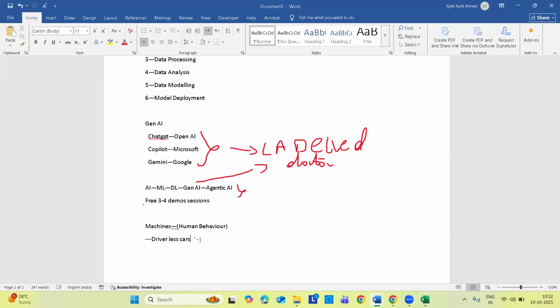For example, if the car is stopping at a signal, how will it come to know it has to stop? It sees the red light, right? And once the red light turns to green, the car immediately starts off again. All this information is getting captured and fed to the algorithm. That is your data science.